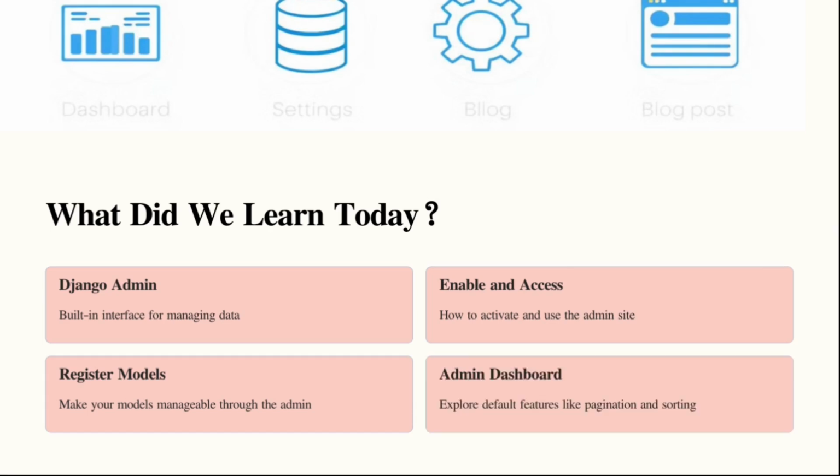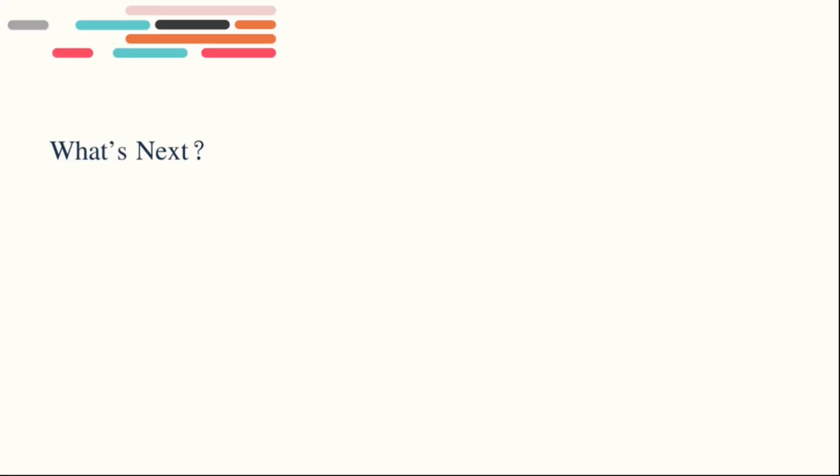Finally, we explored the admin dashboard and its default features, including pagination, sorting, and inline editing. This fundamental knowledge sets you up to take full advantage of Django admin. In the next video, we'll go a step further and customize the admin interface to better suit our project needs.